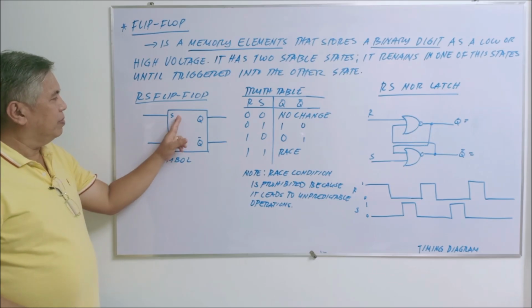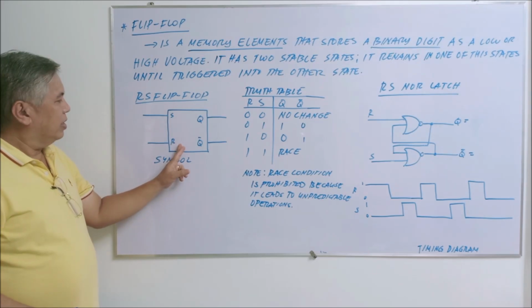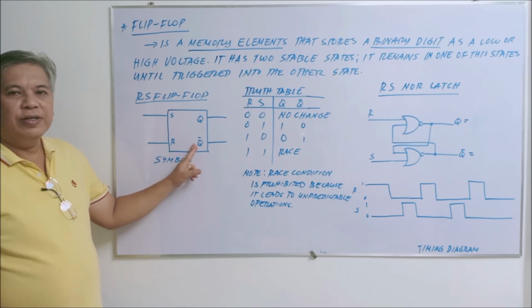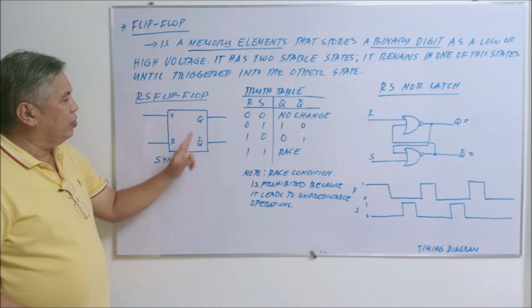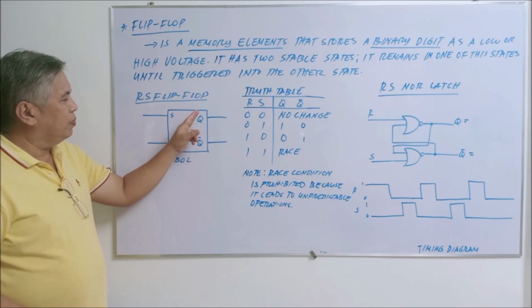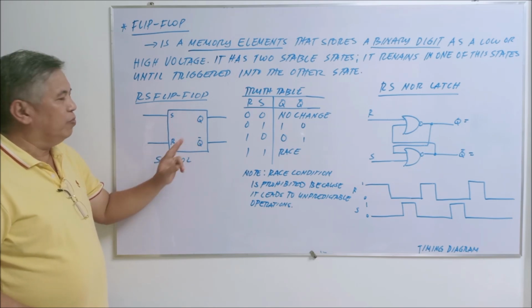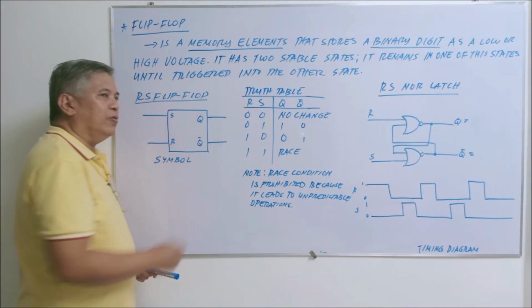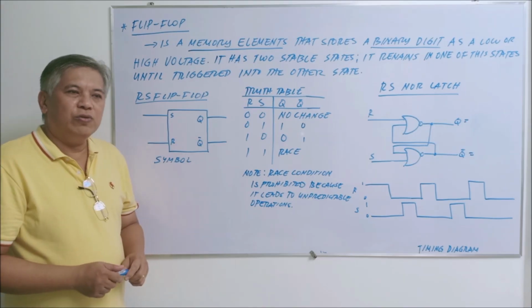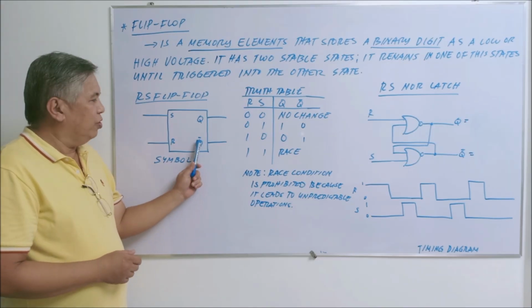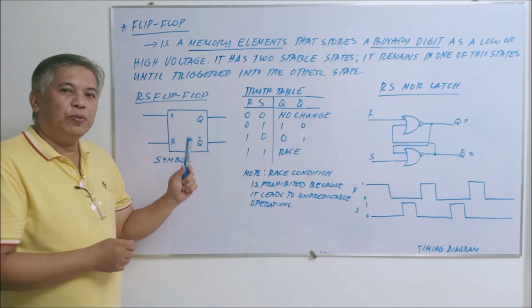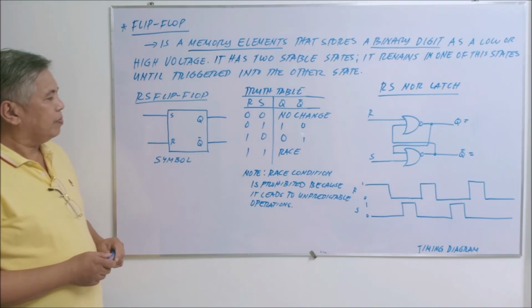You have an input S, R, and then you have output Q and Q bar. The output of RS flip-flop, which is Q and Q bar, should be opposite. So, for example, if Q is equal to 1, then the output Q bar should be 0 because Q bar is just the complement or the inverse or the opposite of Q.